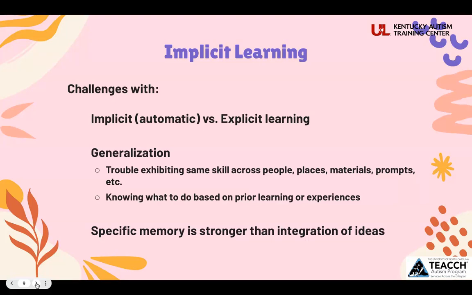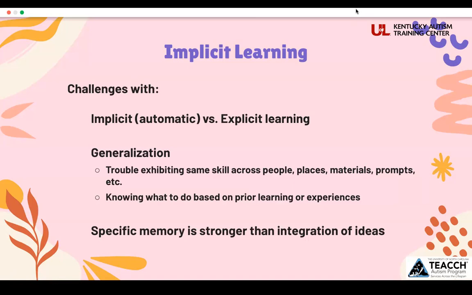So this is where assessing and recognizing and saying, okay, the child does know how to do that skill, or the individual knows how to do that skill in this setting, but how can we best help them, explicitly teach them how to do this in a new setting?